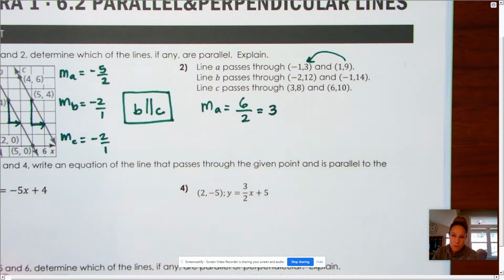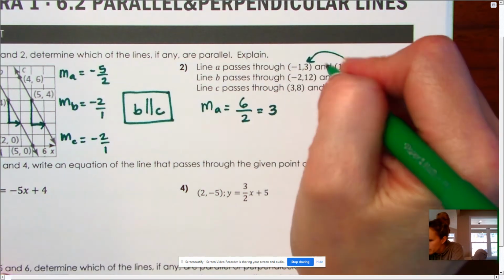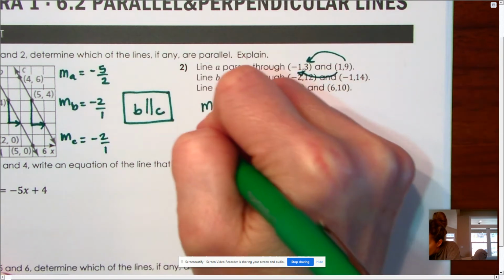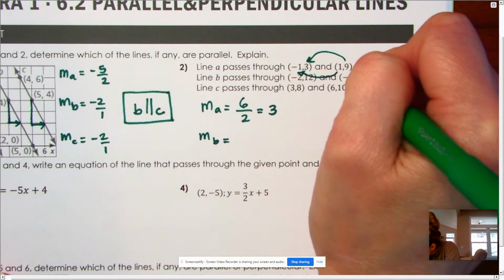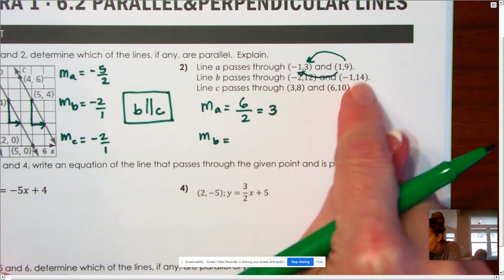For the next one, I'll go ahead and use the formula, but I just want you to know where the formula comes from. We're just trying to figure out how far did we go up and how far did we go over. So for the slope of line B, we started at 12, we went up to 14.